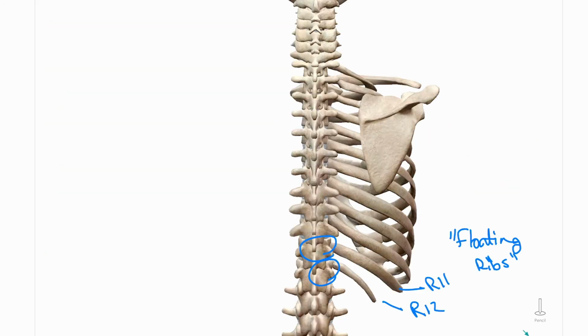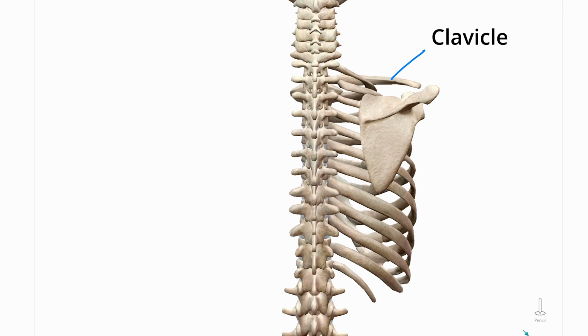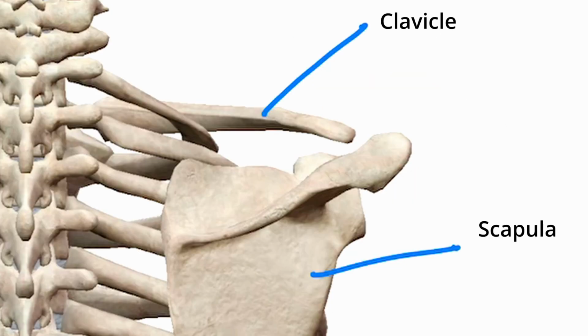The other bones that we've got here are somewhat passive to the respiratory process, and that would be the clavicle, which again, we're looking from the posterior view here. So the clavicle is in front, and the scapula, which is here at the back of the rib cage. The clavicle connects here with a synovial joint, again, to the scapula.